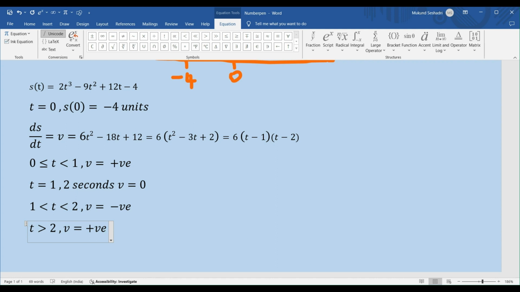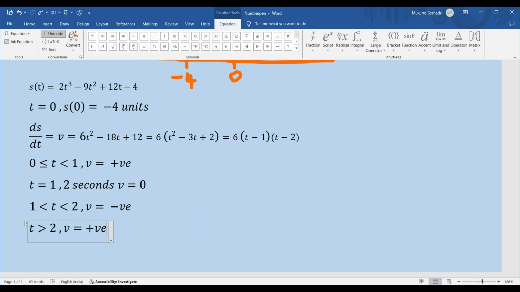At t equals 1, it stops, which means it becomes 0. For t greater than 1 and less than 2, it is negative, which means it has changed direction at t equals 1. And then at t equals 2, it again stops, which means that your v equals 0. And at t greater than 2, your velocity changes from negative to positive through 0, right?